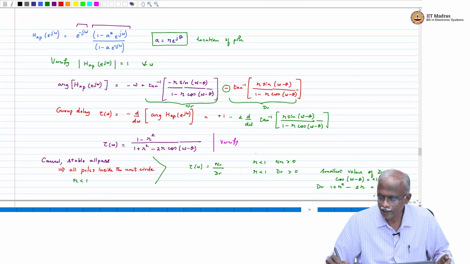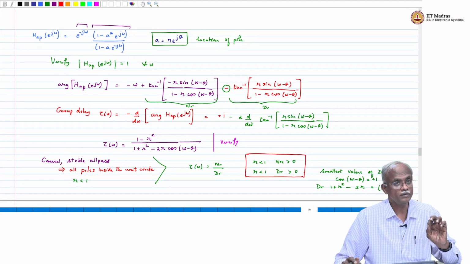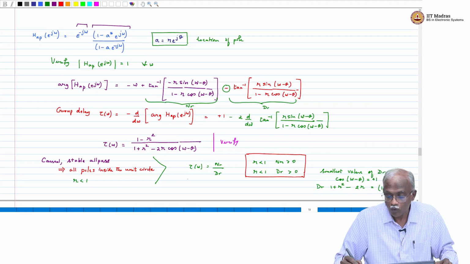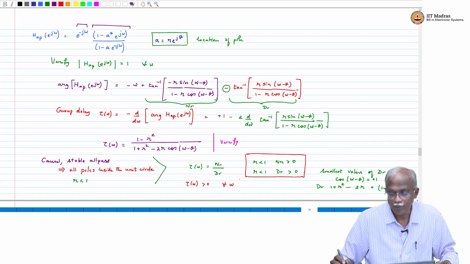So this is a very important result, which says that if you have a causal stable all-pass function, even taking it in the form of a first order term, tau of omega is greater than 0 for all values of omega.